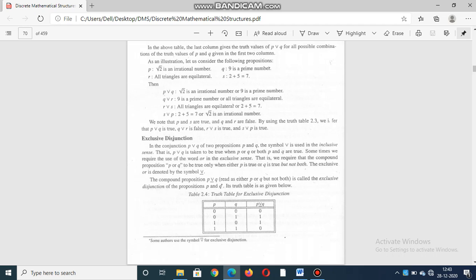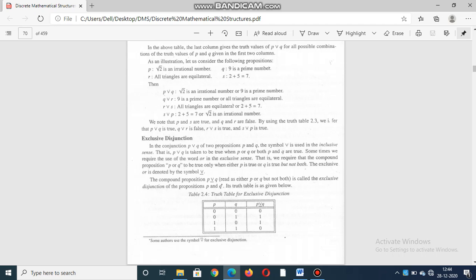You observe here 0 0 output is 0, 0 1 output is 1, 1 0 output is 1, but when it comes to 1 1 the output is 0. The P and Q elements should not be the same. They should be different elements, then only the output is 1.